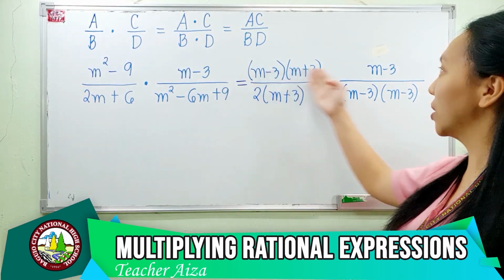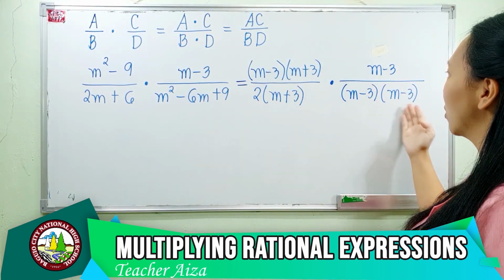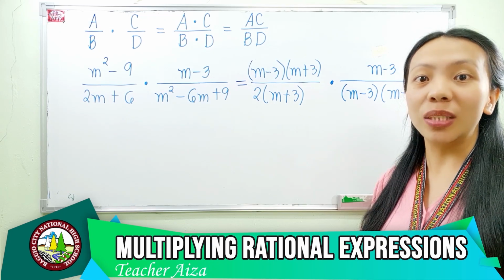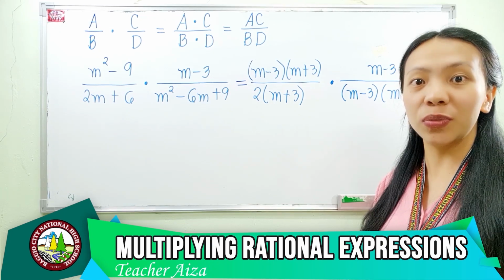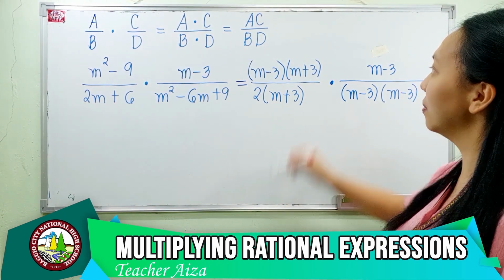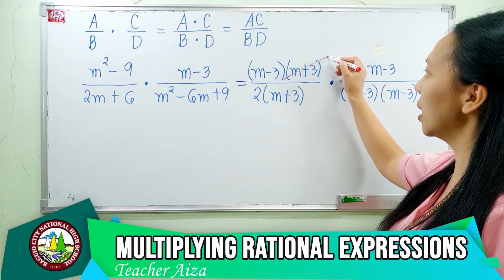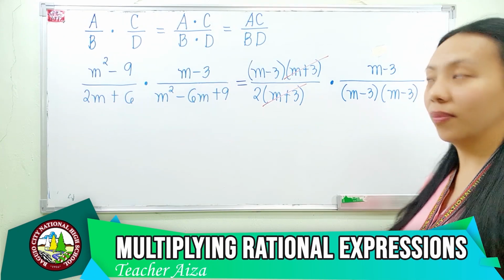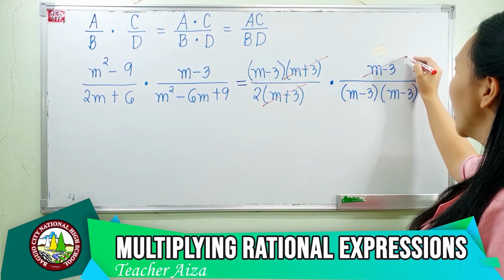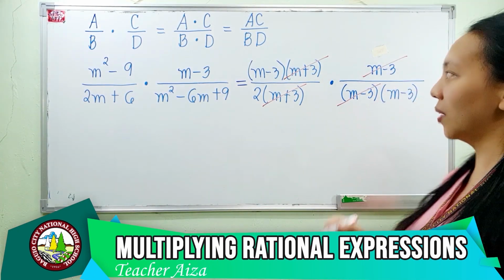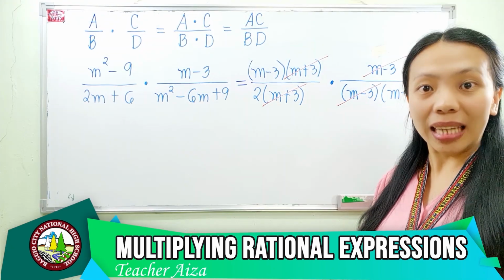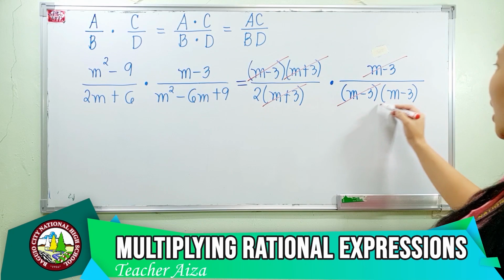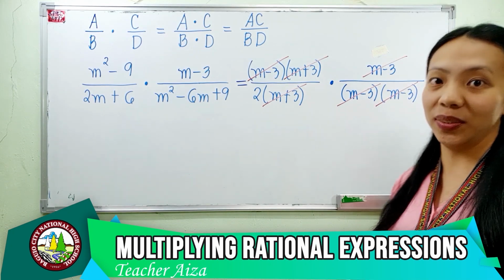Since the numerators and the denominators are already factored out completely, we can now divide out pairs of common factors. We have the quantity m plus 3 and the quantity m plus 3, m minus 3 and the quantity m minus 3, and lastly, the pair, the quantity m minus 3 and the quantity m minus 3.